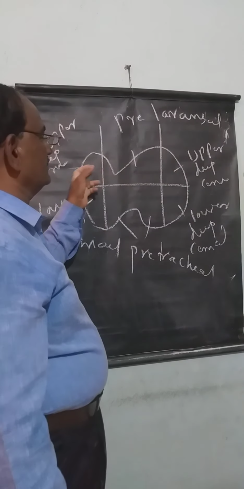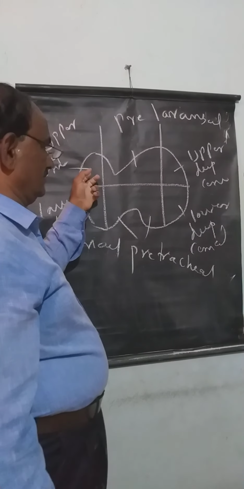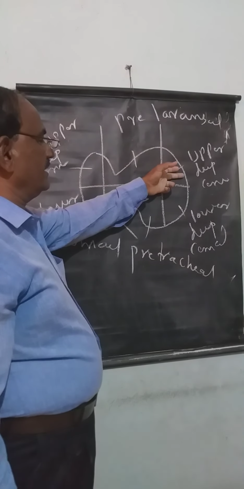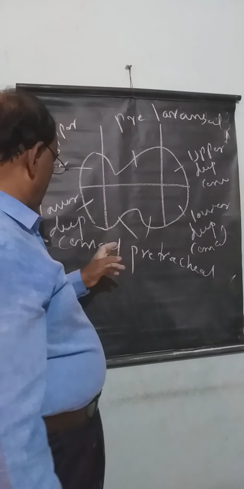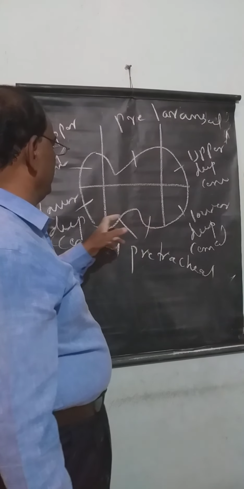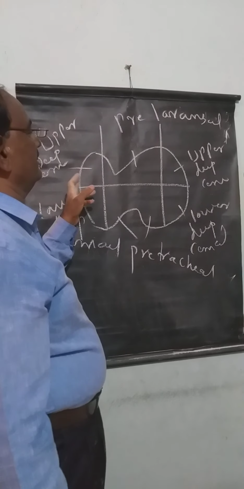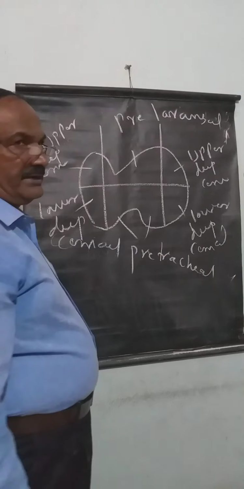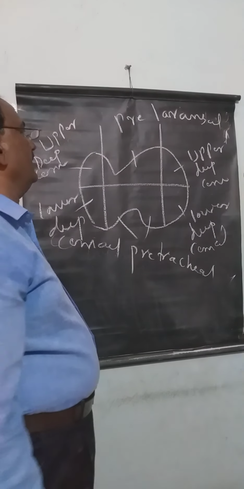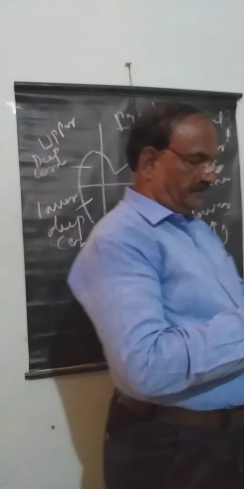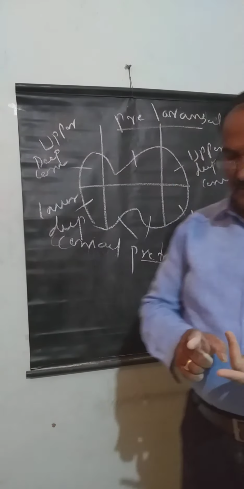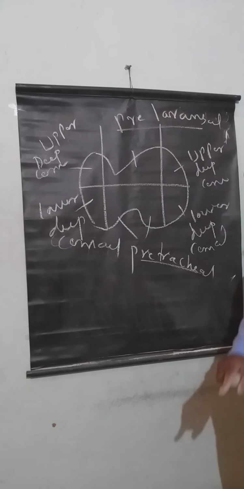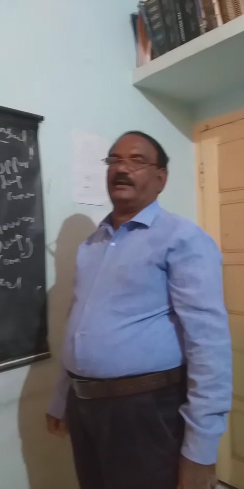Upper deep cervical nodes are on either side, on each lobe, and the pretracheal nodes are there too. They are the groups of lymph nodes: upper deep cervical, lower deep cervical, prelaryngeal, and pretracheal. Four groups are here. They drain into the deep cervical nodes.